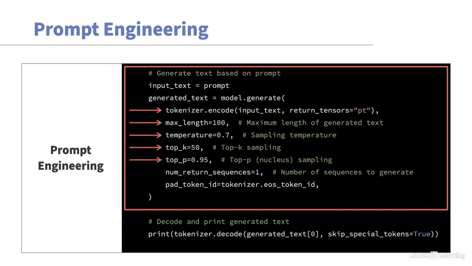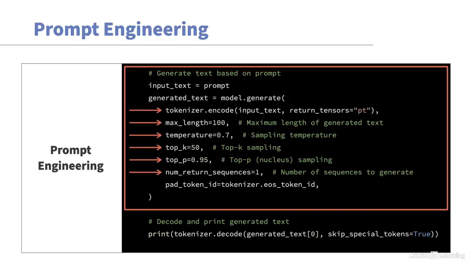Top P: Top P sampling, also known as nucleus sampling, limits the vocabulary to the smallest set of tokens whose cumulative probability exceeds the given threshold P. It dynamically adjusts the vocabulary size based on the probabilities of tokens. Num return sequences: the number of sequences to generate.